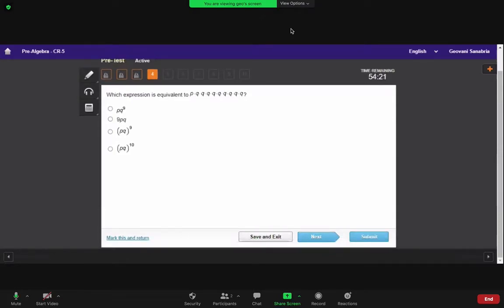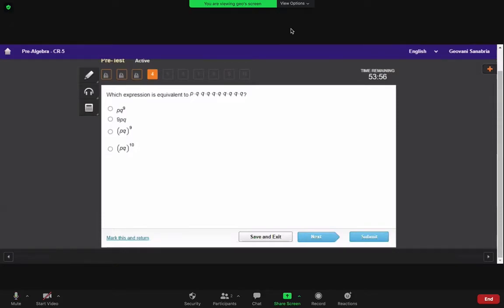All right, which expression is equivalent? Okay. So I would do the A, I guess, right? Yeah. So when there's no parentheses, you see the exponent is 9, and it's closest to the q, right?